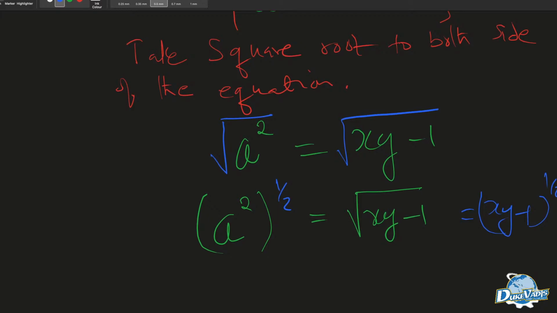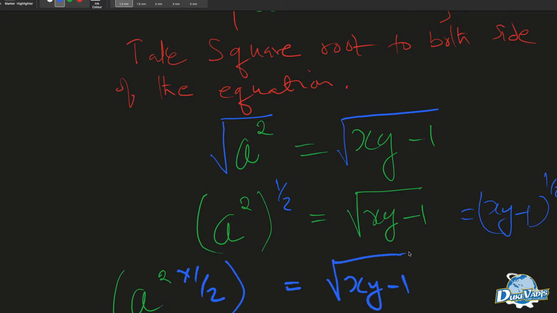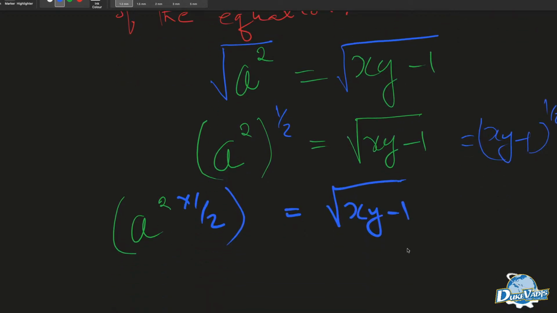So over here, if you look at A squared, when we take the bracket out, we are going to have our half multiplying those two. It's equal to the right hand side. So now let's go to the right hand side.